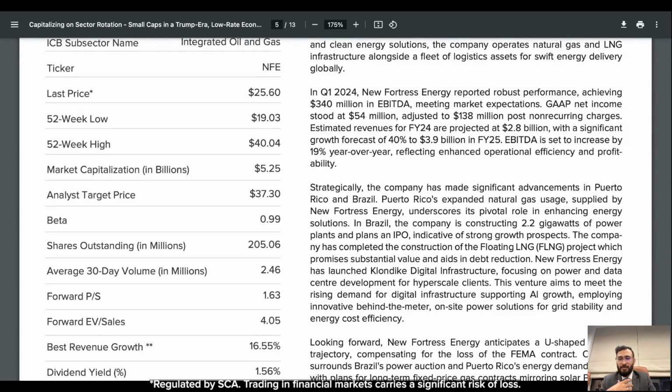And again, these kinds of companies, especially the one we're talking about right now, New Fortress, have expanded the natural gas usage. And even in Brazil, this company is constructing 2.2 gigawatts of power plants, planning an IPO, indicating a strong growth prospect.